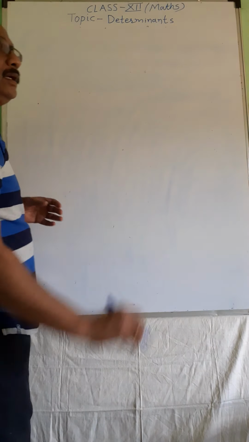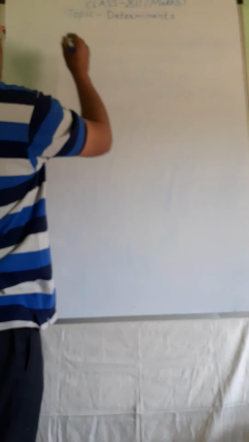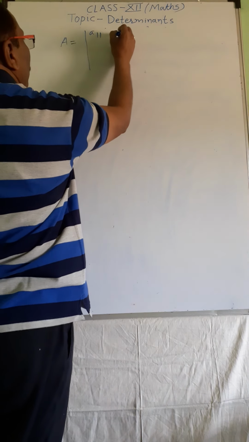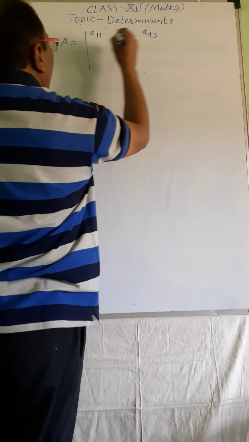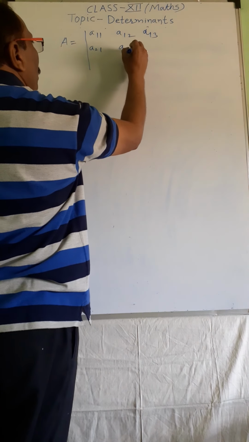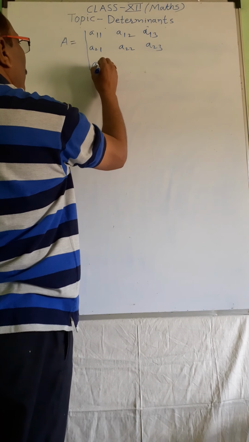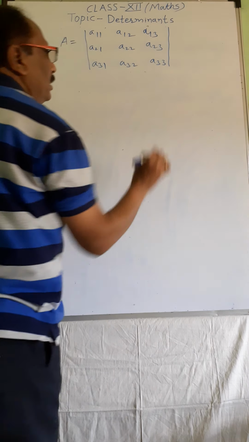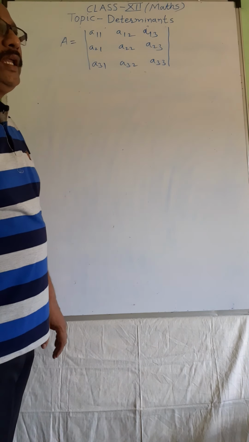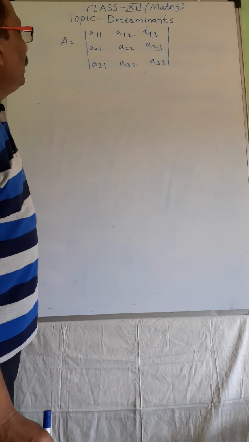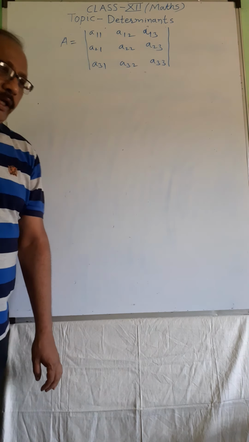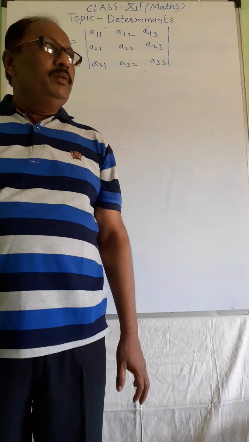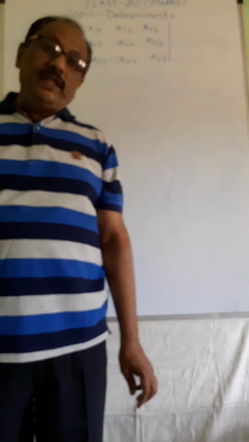Suppose I take a determinant of order 3 by 3: A11, A12, A13, A21, A22, A23, A31, A32, A33. Any determinant can be expanded along 3 rows or 3 columns, which means we can expand any determinant in 6 ways.